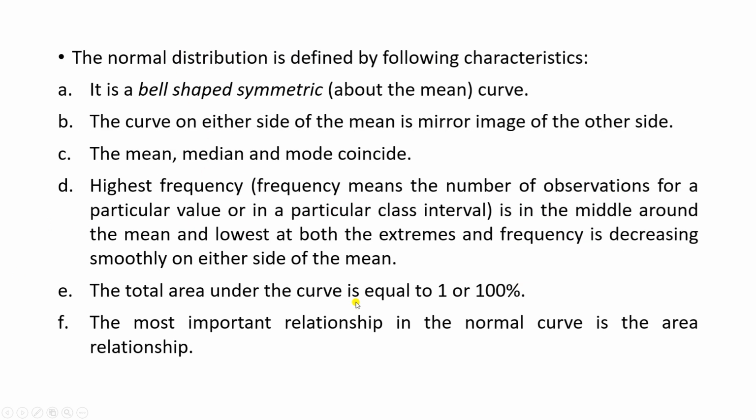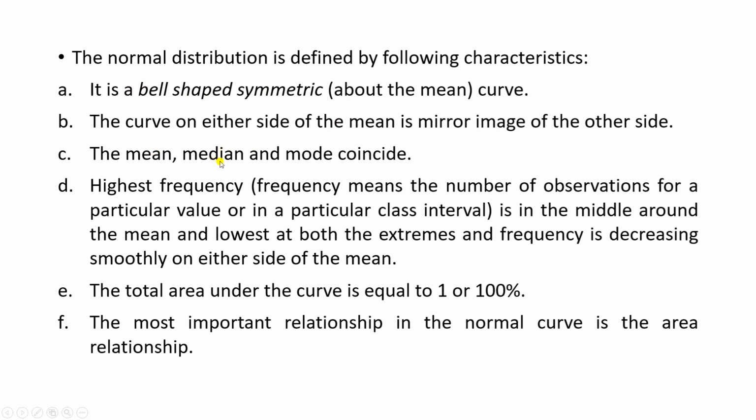So what are the characteristics of a normal distribution? It is a bell shaped symmetric curve. If I show you the curve, you will understand it looks like a bell and it is symmetric. Since it is symmetric, the curve on either side of the mean is a mirror image of the other side, obviously. That is why it is called symmetric.